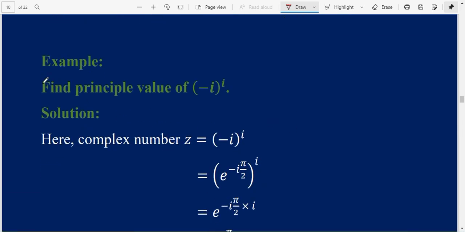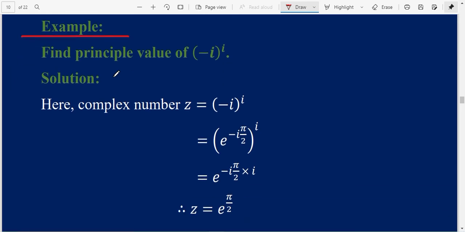Now example, find the principal value of (minus i) raised to i. So here the complex number z is equal to (minus i) raised to i. Minus i is on the imaginary part and the negative side.